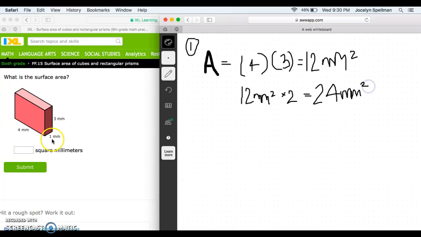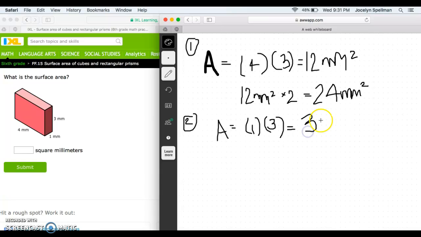Now we'll do this side right here, which has a length of 1 and a width of 3. We're just going to find the area of that side. So area equals 1 times 3, which we know equals 3 millimeters squared.